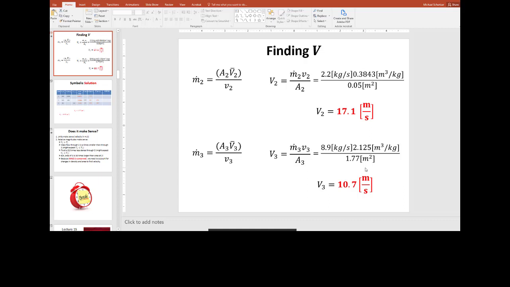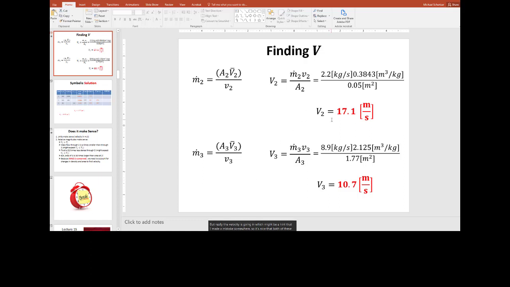These values are positive, which means that when I assigned them as inlets and outlets, I was correct. If I get a negative velocity, what that means is that I thought the velocity was coming out, but really the velocity is going in, which might be a hint that I made a mistake somewhere. So it's nice that both of these are positive.